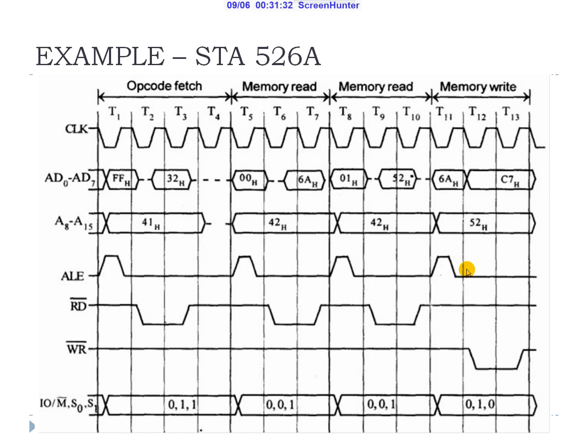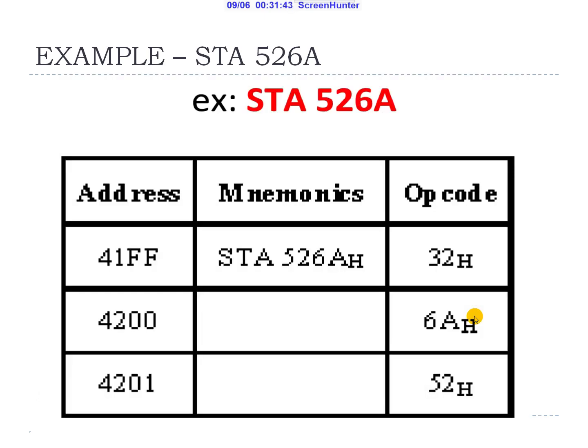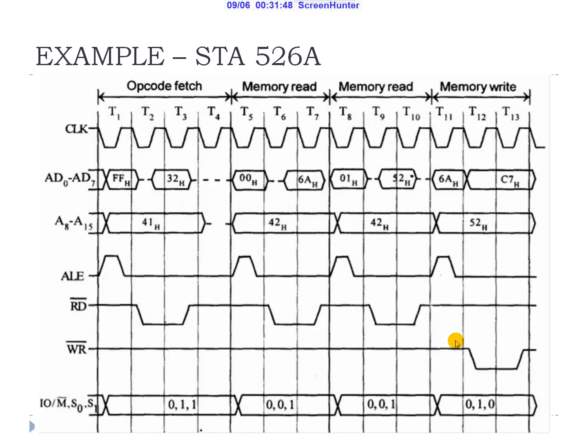In order to get the address of this memory location, 526A, from the memory locations 4200 and 4201, we need two memory read cycles. In the first memory read cycle we get 6A, and in the second we get 52.